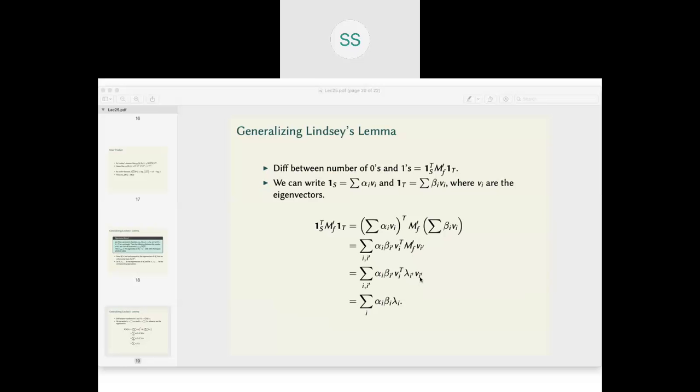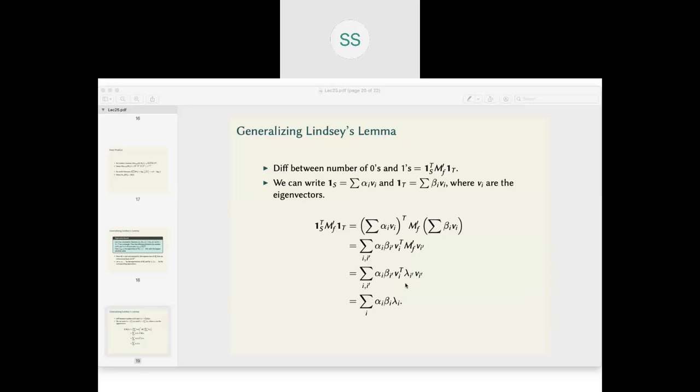That is the definition of the eigenvalue and eigenvector. So now we have three constants, alpha i, beta i prime, and lambda i prime, and then vi transpose vi prime. Again, these are orthonormal eigenvectors, so this will be 0 unless i equals i prime. So the double summation becomes a single summation, and the value when i equals i prime is alpha i, beta i, lambda i, and the inner product of vi and vi.